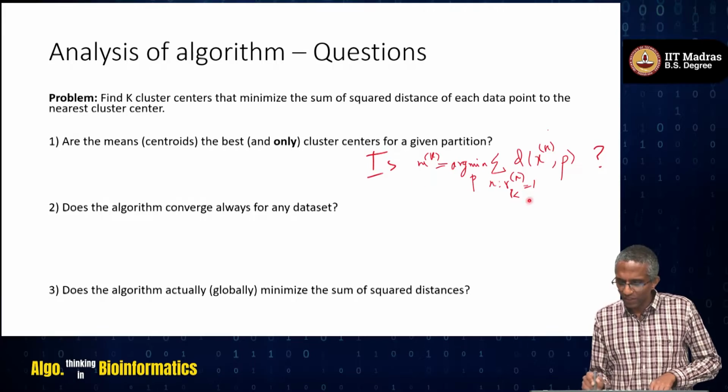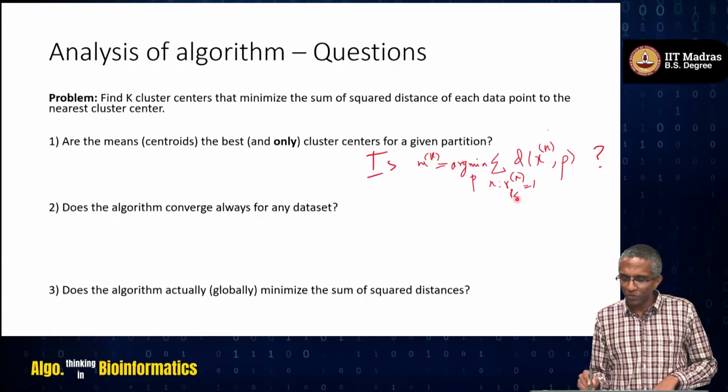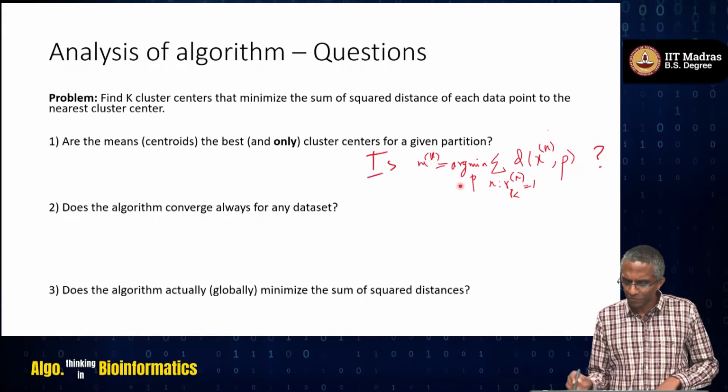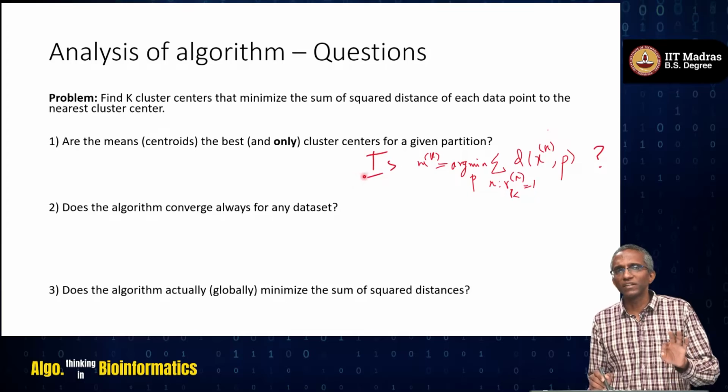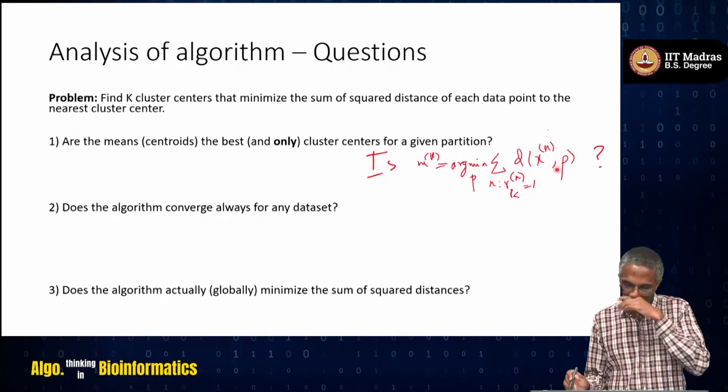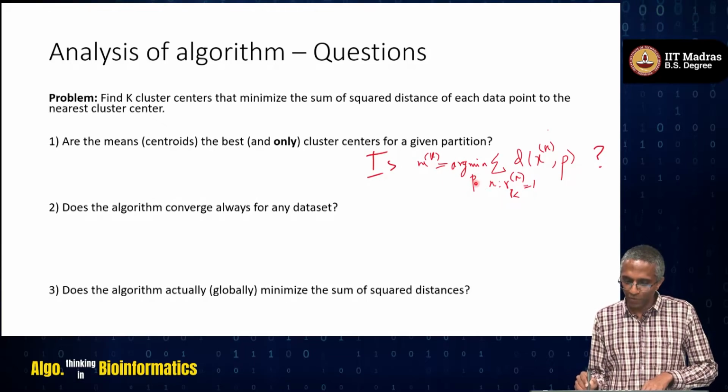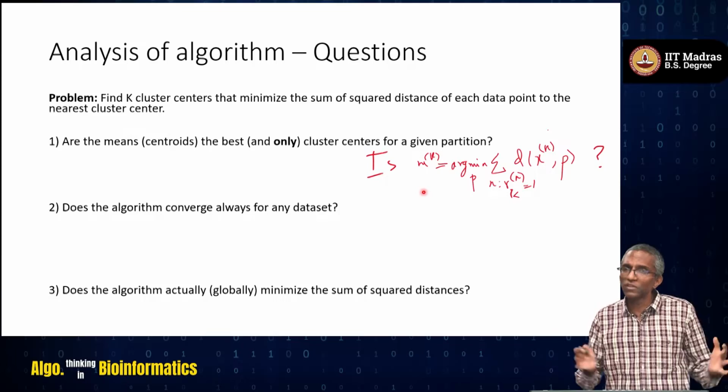In essence, if you want to pose this problem, what I am asking in concrete words is this: you are looking for a data point p in the same space as all the other data points.